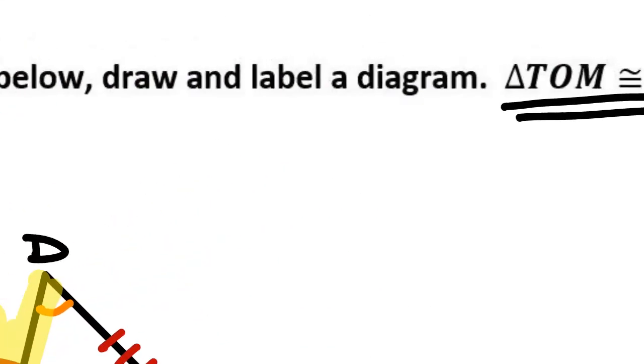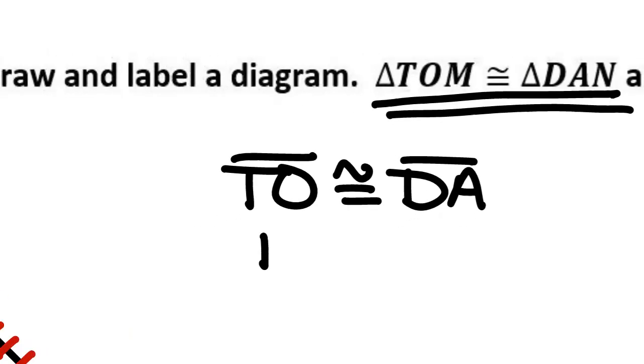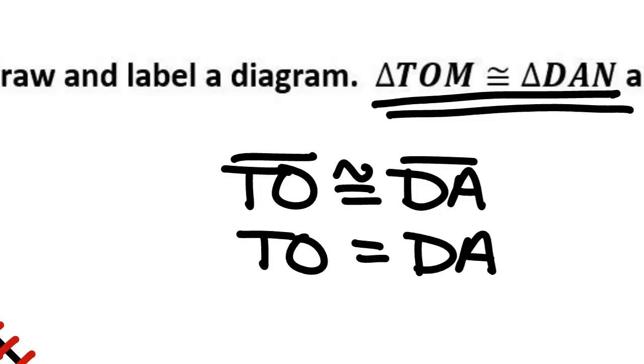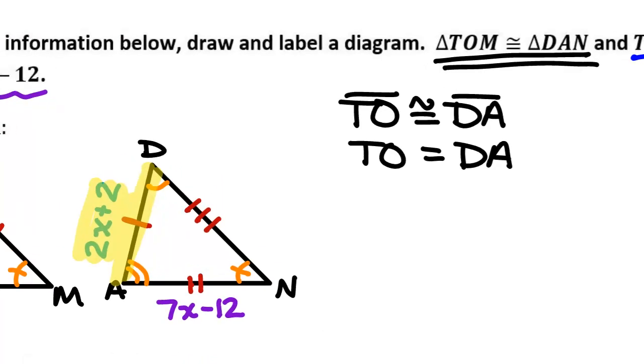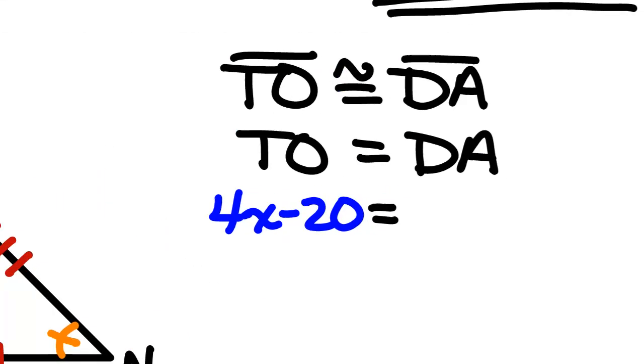So segment TO is congruent to segment DA. That means the measurement of segment TO is equal to the measurement of segment DA. TO is 4x minus 20. We're going to set that equal to DA, which is 2x plus 2.